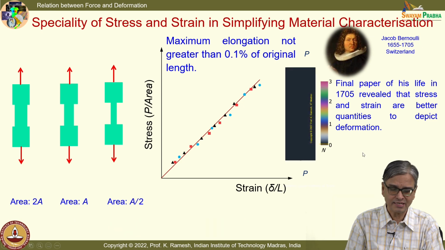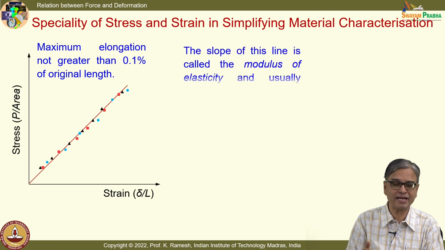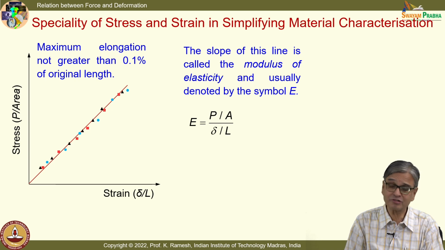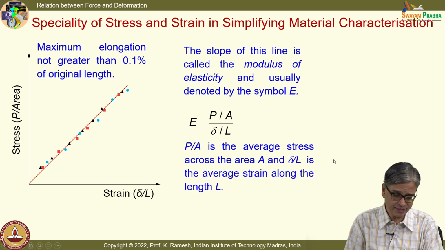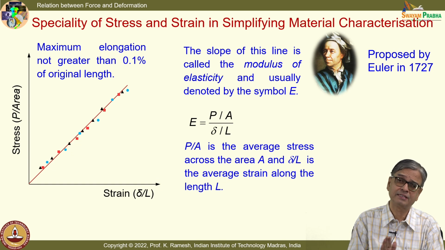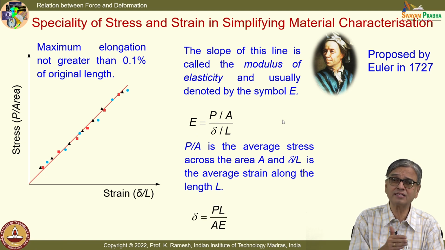And this was also summarized, and just like we have F equal to K delta, people also put E equal to P by A divided by delta by L, and this is famously known as Hooke's law. But if you look at history, this was actually proposed by Euler in 1727, and you call this E Young's modulus, whereas Thomas Young got this understanding only in 1807.